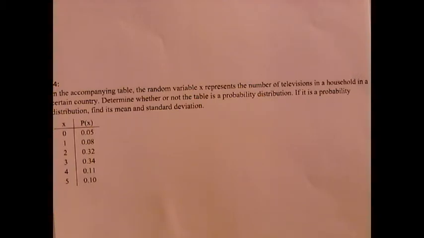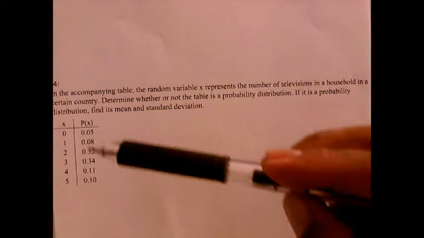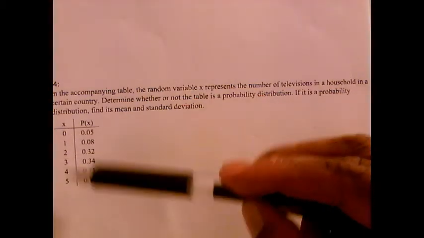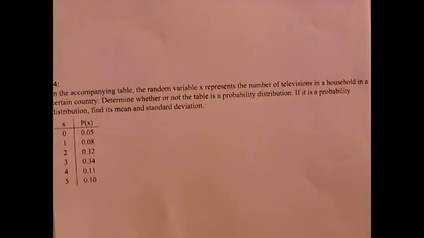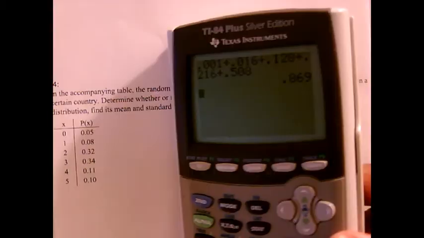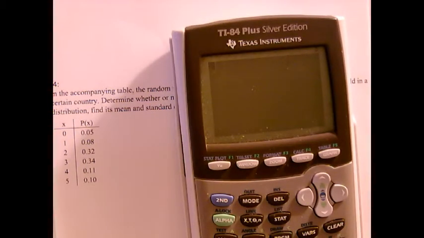If it is a probability distribution, then you're going to find the mean and the standard deviation. Alright, so here's your table here. We can see that for each individual random variable, there is a corresponding probability associated with that random variable. And then the next thing we need to do is find the sum of those individual probabilities. They must equal 1.